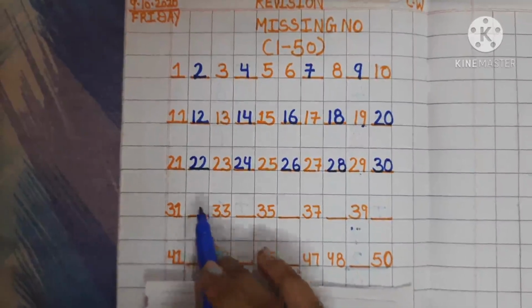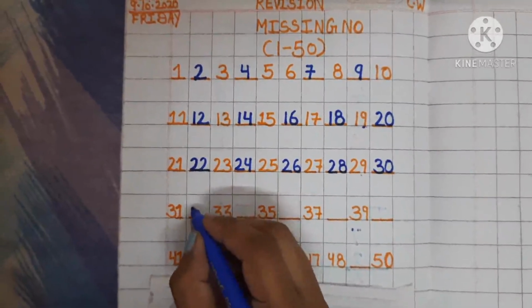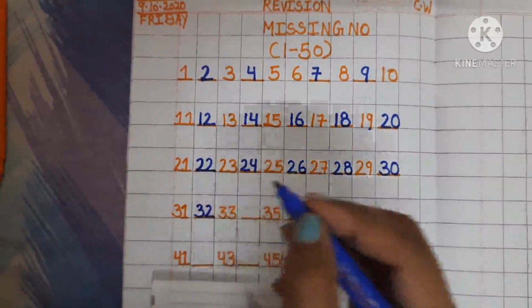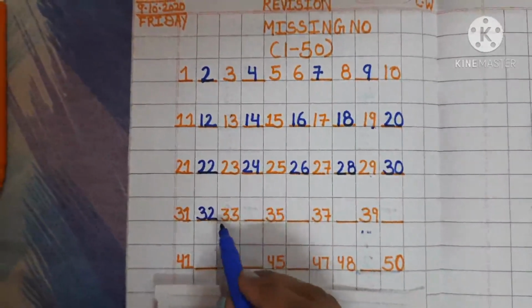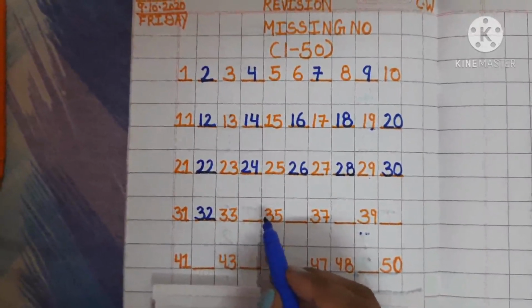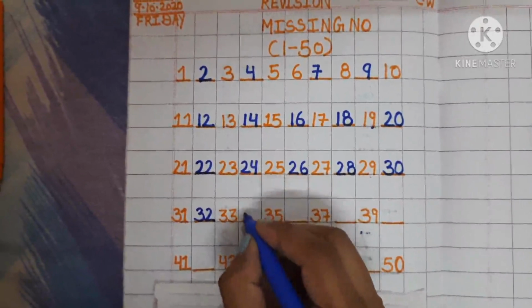31. 31 after which number is missing? 32. Then 33. Then 34 number is missing.